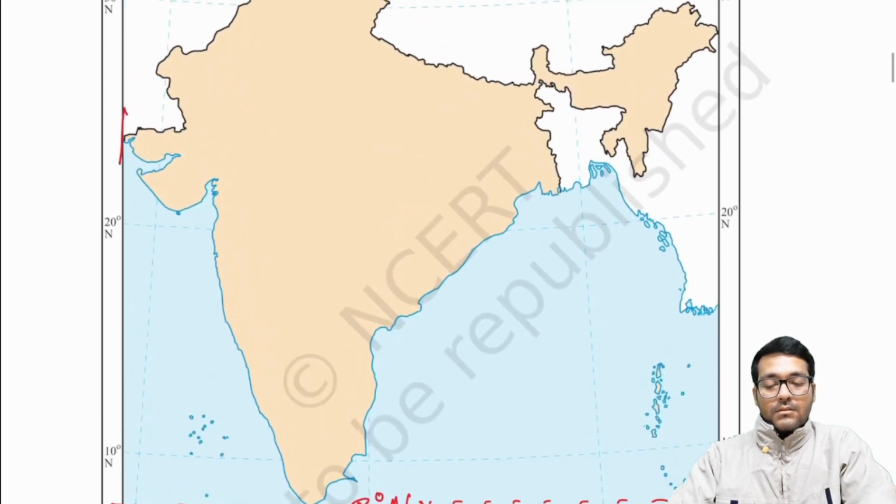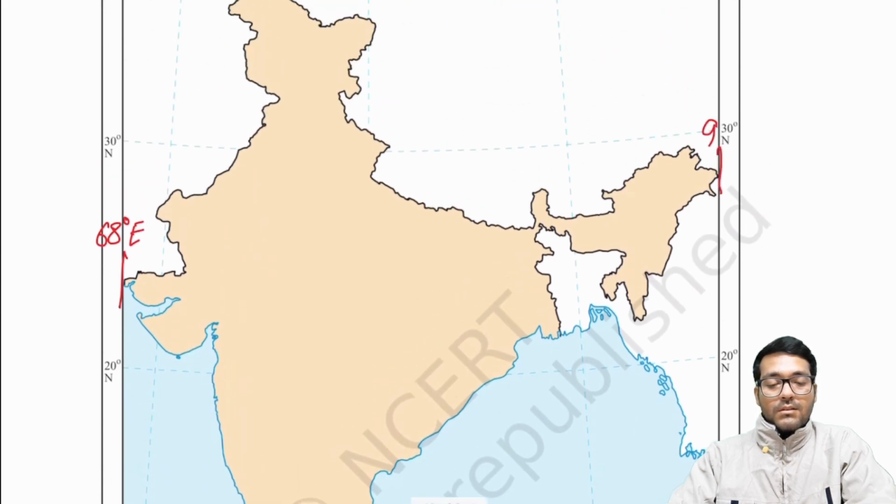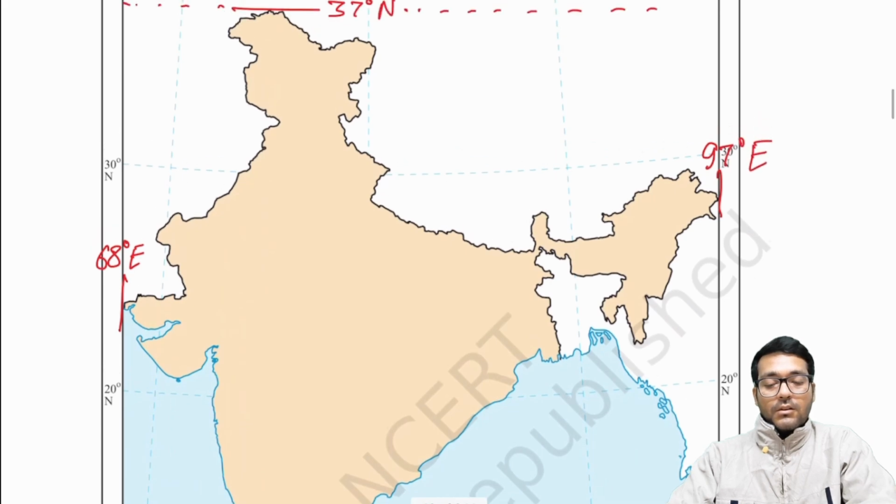Similarly, 68 degree east, meridian of longitude to 97 degree east, meridian of longitude.